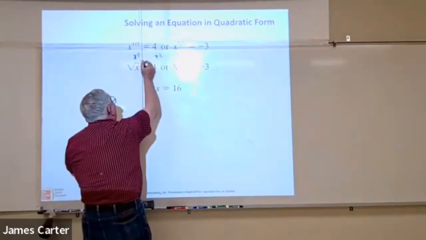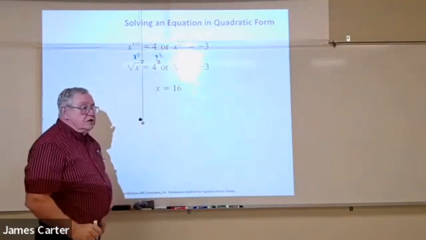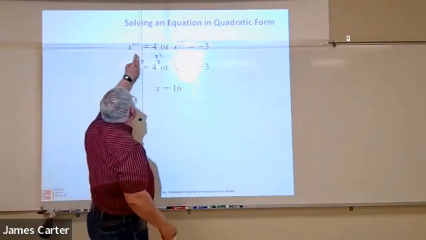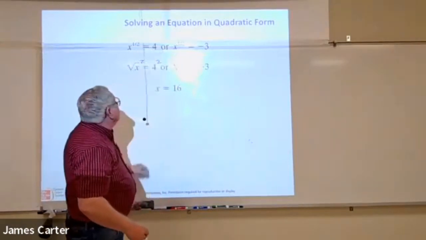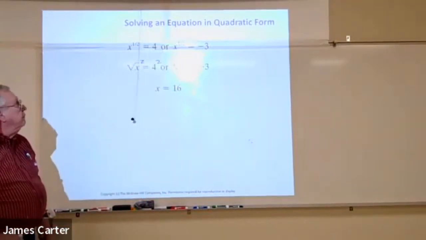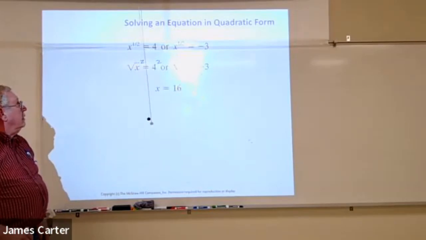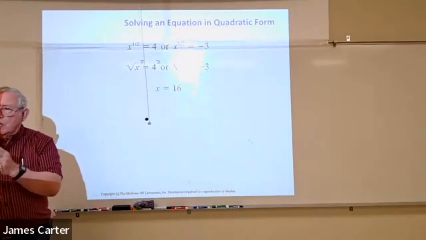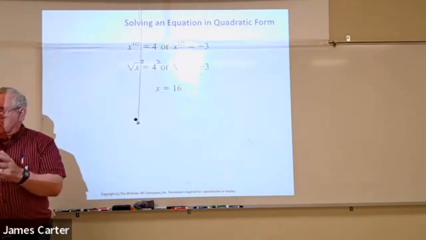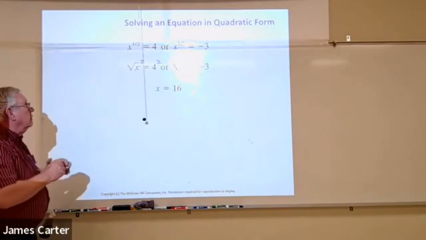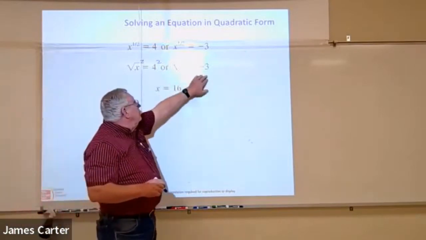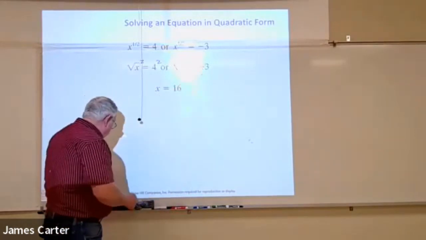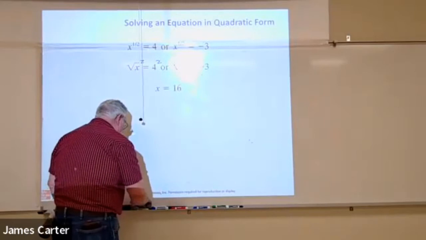You get rid of these so they don't confuse you. Now, when you square both sides, you don't do the plus or minus. When you square root both sides, you do the plus or minus. Okay. And this one, again, we don't even have to try to finish it because you can't have a negative square root answer and get a real value.